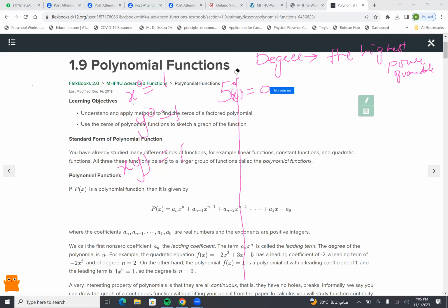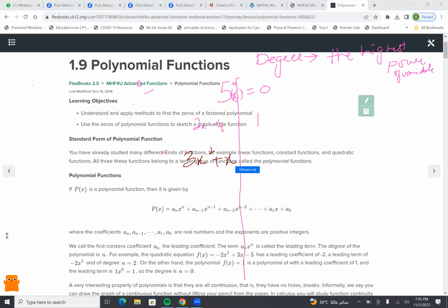Okay, now we know what is a degree. Now tell me, I have 2x minus 4. What is the degree of this expression? Degree of this expression is 1. Now I have, for example, 3x square plus x. Degree of this expression?